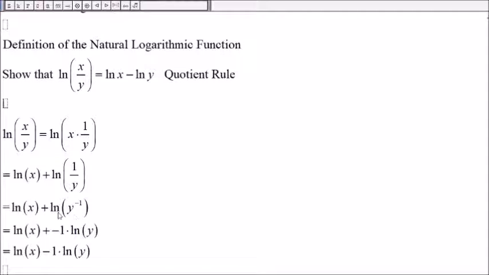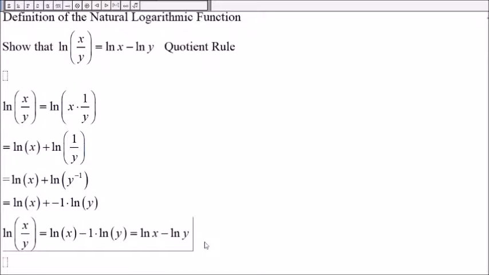And then we have just shown the power rule: ln of y^(-1) is the same as negative 1 times ln of y. And so we end up with ln of x minus ln of y. And so this is equal to ln x minus ln y. Once again, this is called the quotient rule.